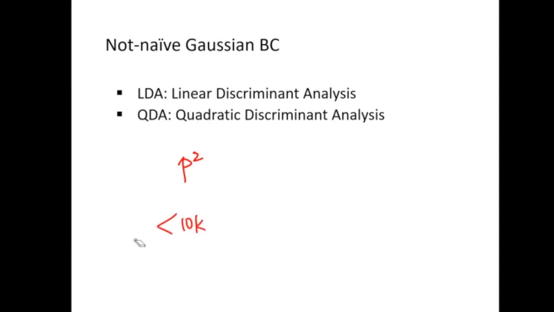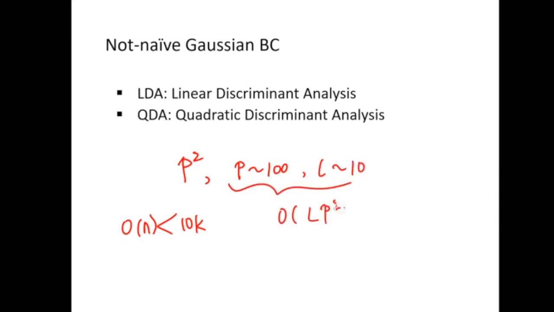So n is often smaller than 10,000. For these problems, with p just a little bit large, like 100, and L about 10, L times p quadratic is about 10 to the 5, and it's not going to work.